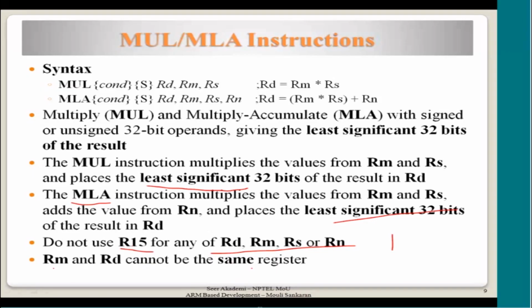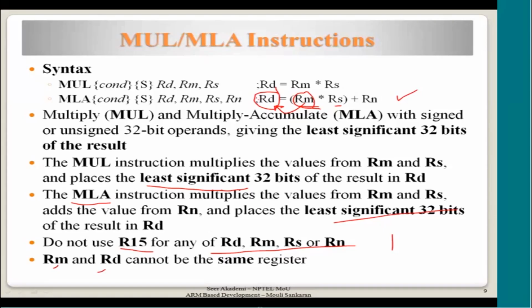And then RM and RD cannot be the same register, because of the multiplier and the multiplicand together. You cannot overwrite that value with the result, so that will affect the flow. So it doesn't allow you to do this, because the processor saves the intermediate results internally.